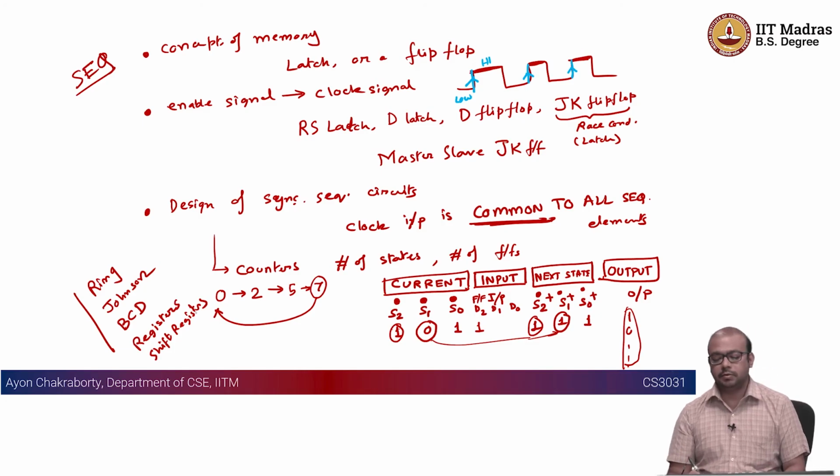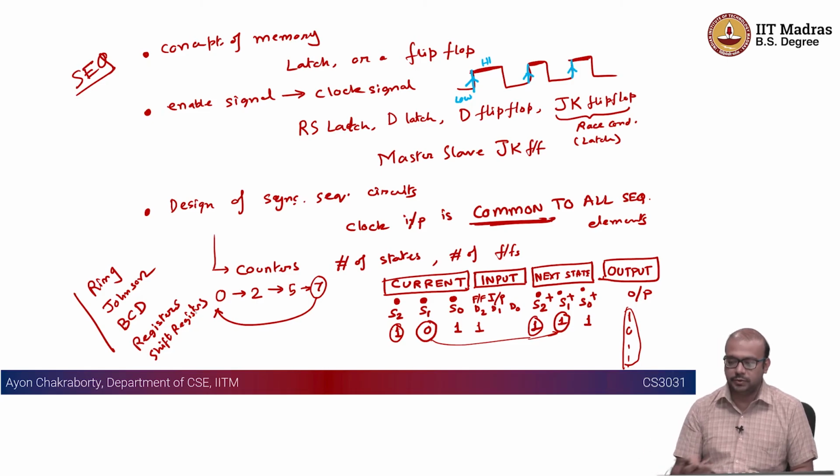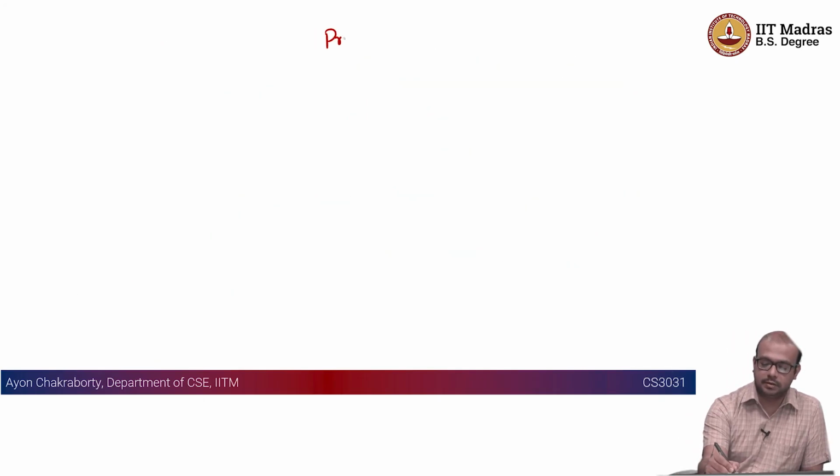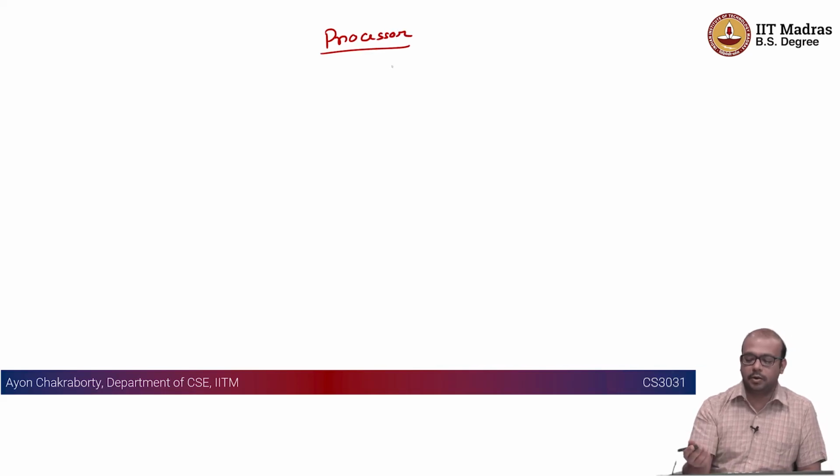So this is the kind of treatment that we have done in case of sequential circuits, and this would have been primarily enough to build a very simple processor. So the last part of our course, which we recently covered, so this should be fresh in your memory, is the processor. I will not go into details because we have just recently covered this.